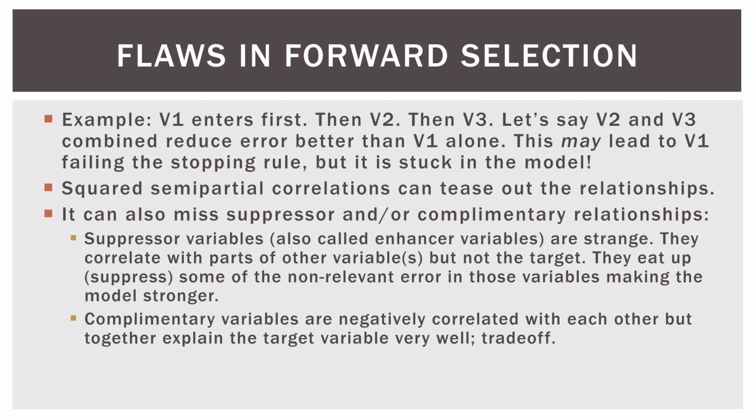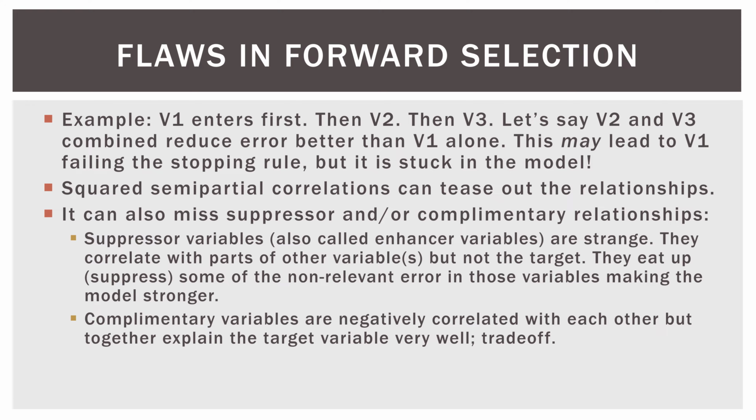There are also complementary variables. These are negatively correlated with each other, but together explain the target variable. It's kind of a trade-off situation. A common example often used here is measures of skill, where the independent variables are speed and accuracy. Most often, when someone does something faster, they become less accurate. An example I can think of is typing.